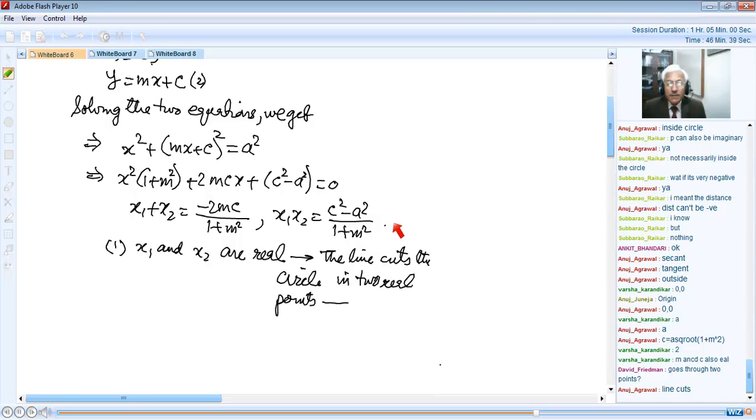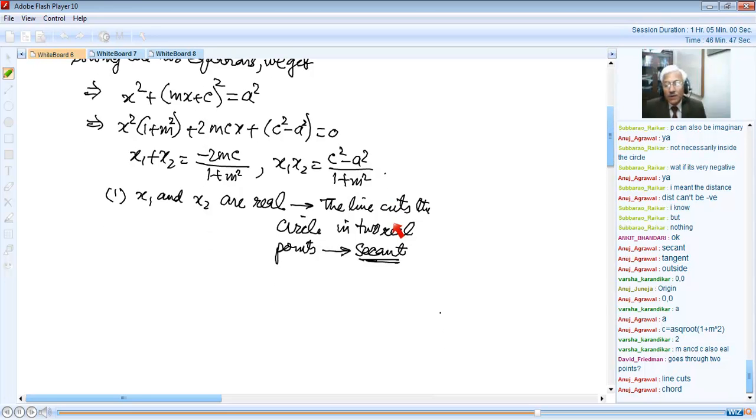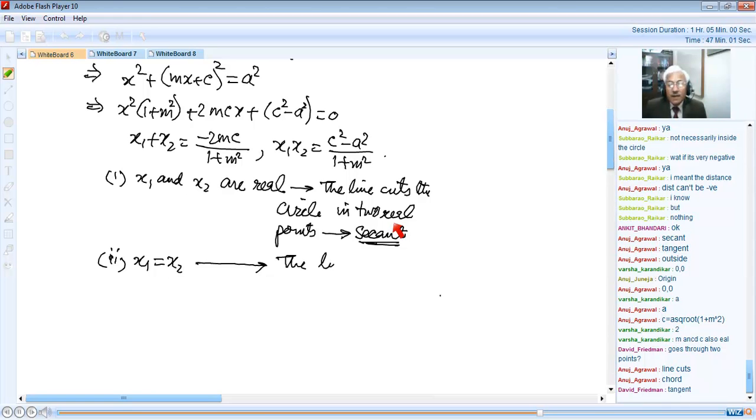Therefore, what is the line? It is a secant or a chord to the circle. Correct. Now the second case is if x1 is equal to x2, what happens? The line is a tangent.